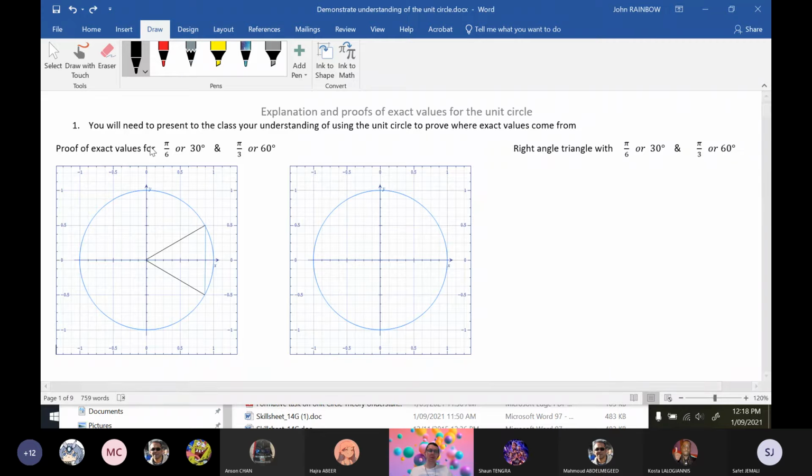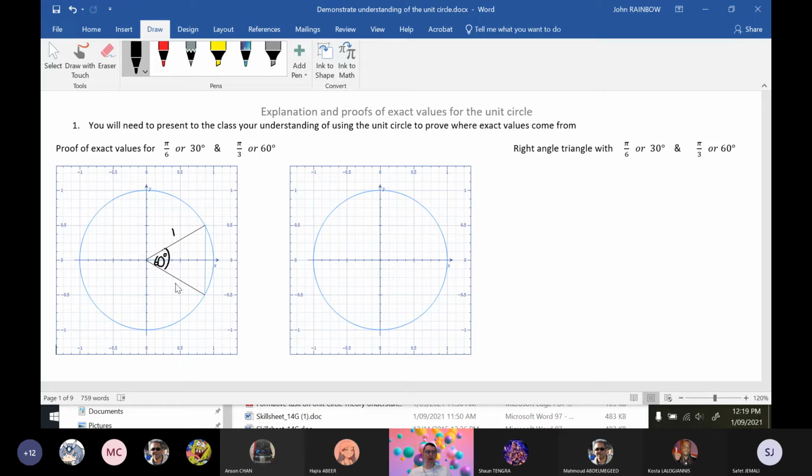Going back to here, what you'll realize is that we can start labeling a few things on here. So we know that this is 60 degrees. We also know that this has a length of 1, because if you go from the outside to the outside, you can see that this has a length of 1.